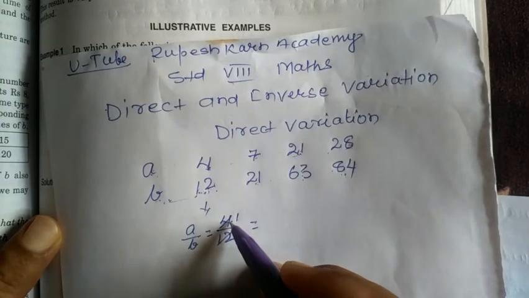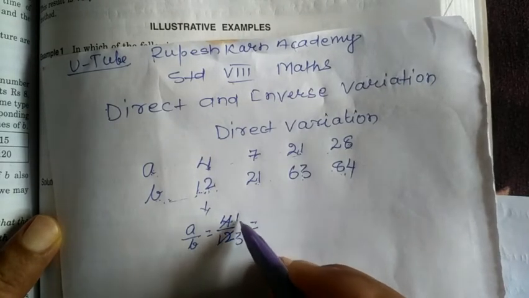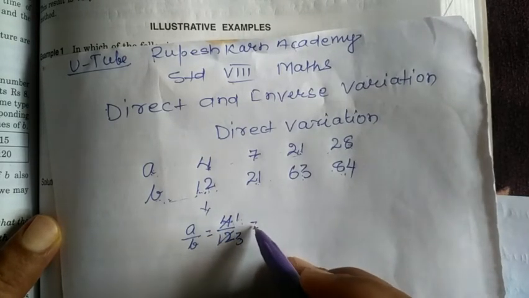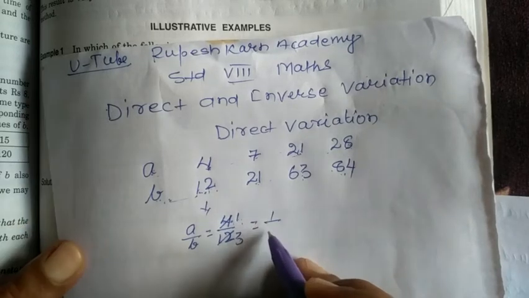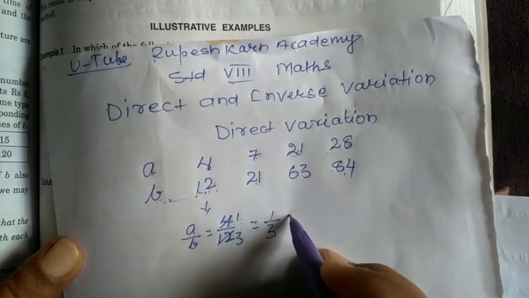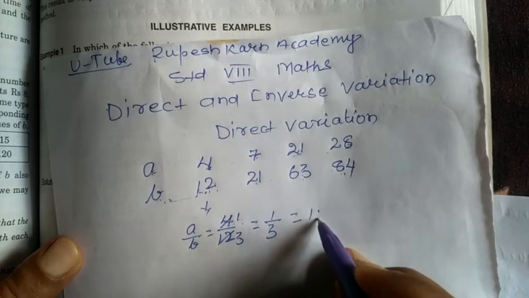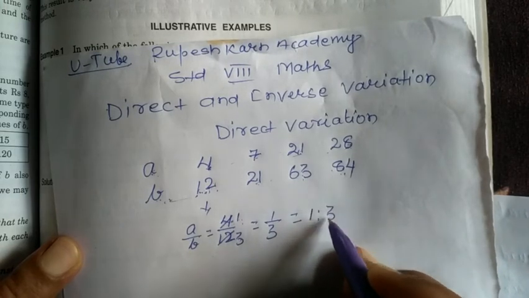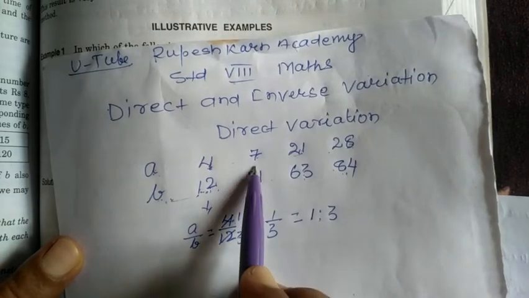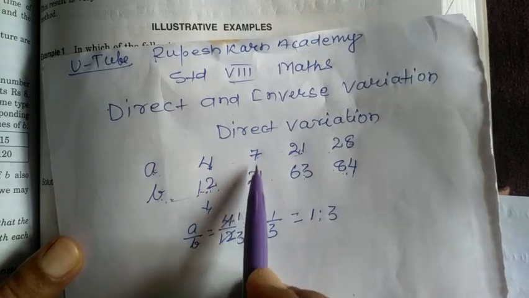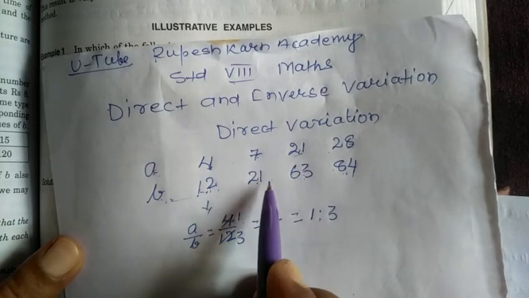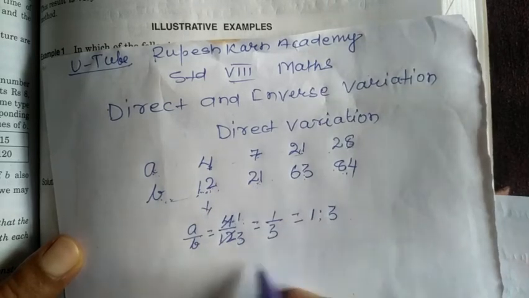Here we divide 4 and 12 by 4 and we get its shortest form. So what will we write here? 1 by 3. That means here the ratio is how much? 1 ratio 3. Similarly, if you do the second corresponding values of A and B, you will get that it is also 1 by 3.